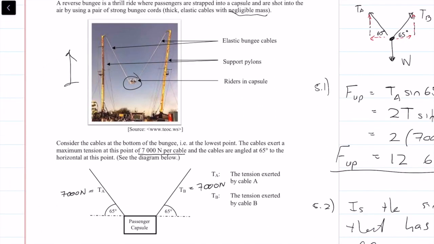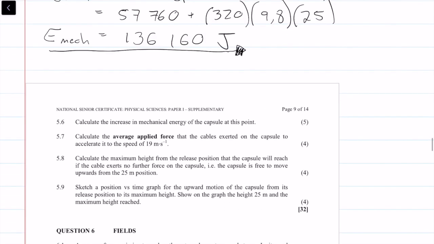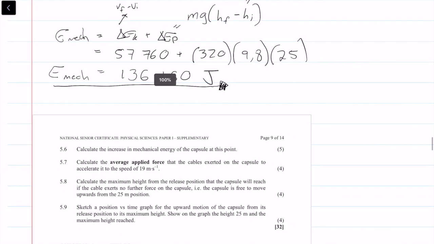So at the bottom it has no kinetic energy and no potential energy, so Emech equals 0, and when it's at the top right here, it's got a height of 25, a velocity of 19, and an Emech of 163,160 joules. So that's the change in mechanical energy at the top. Cool stuff. Question 5.7.